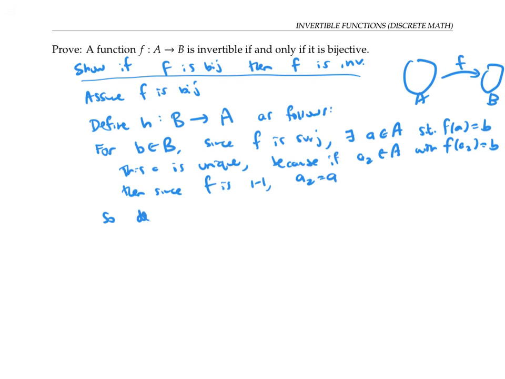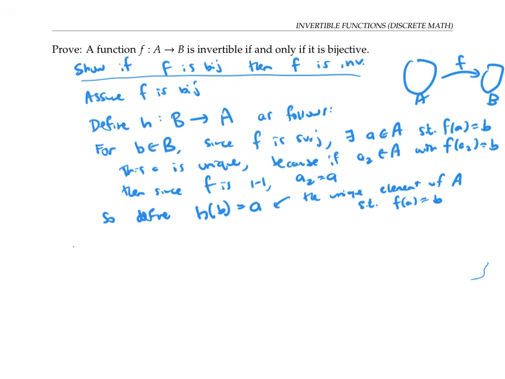So we can define h of little b to be this a, right? This a is the unique element of set A such that f of little a equals b. And notice that we used both surjectivity and injectivity in this definition.